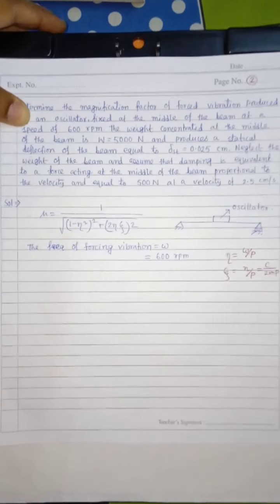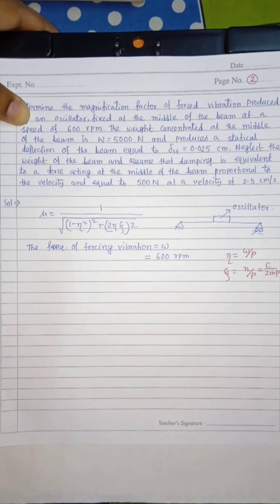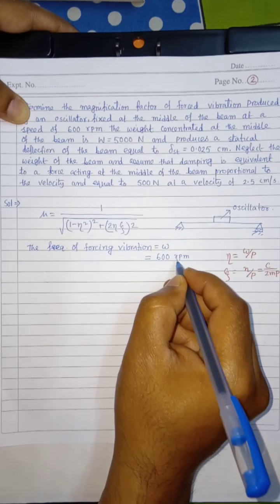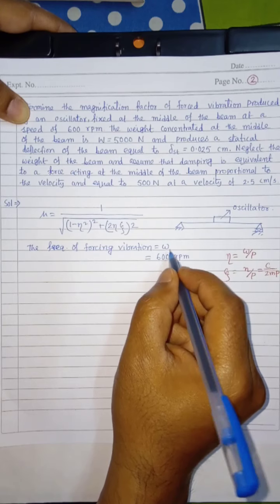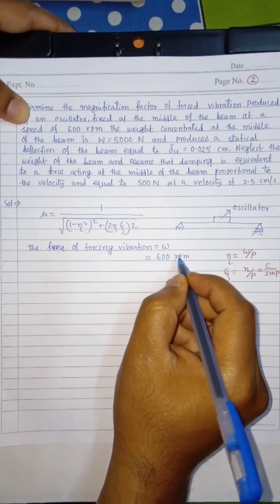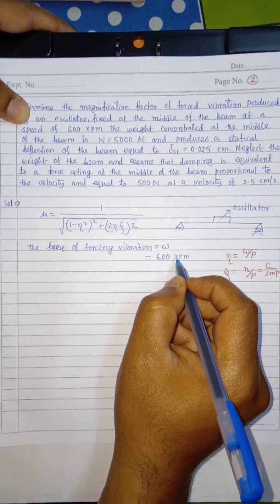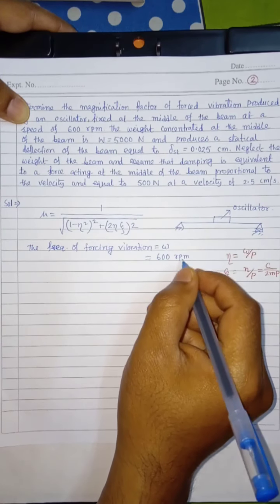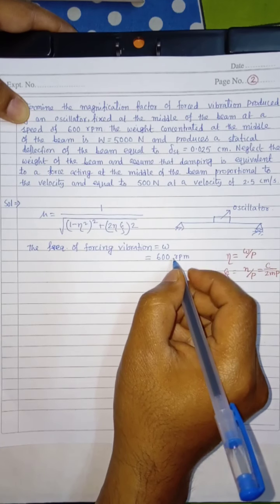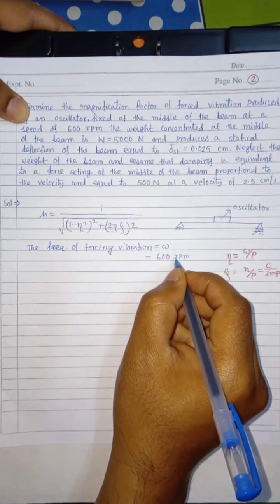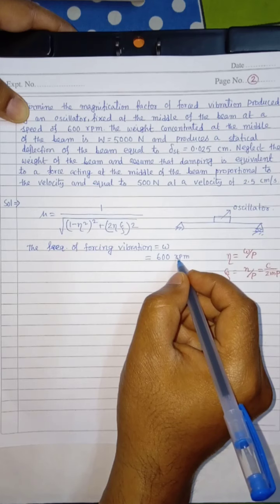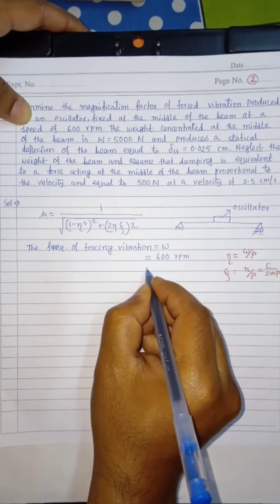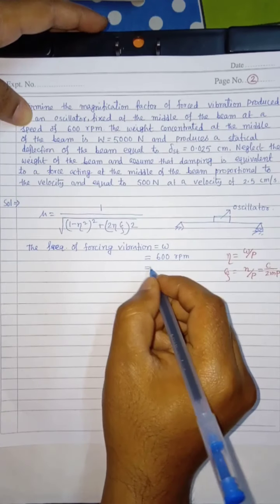So we have to convert this into radian per second. In one revolution the machine rotates, or the rotational displacement is equal to 2 pi radian. So 600 rpm means 600 revolutions occurring per minute, and we have to represent this in radian per second.